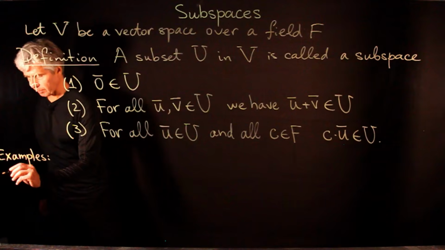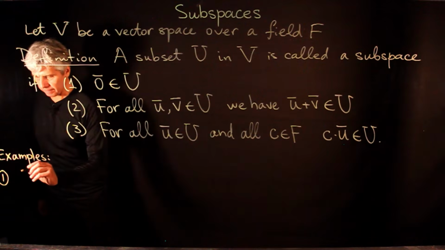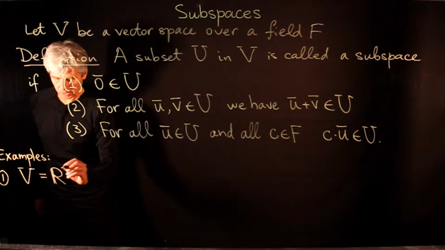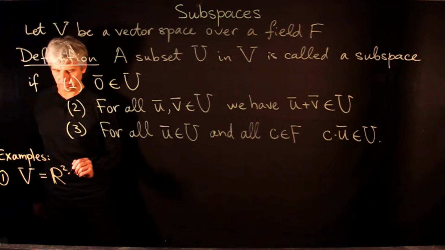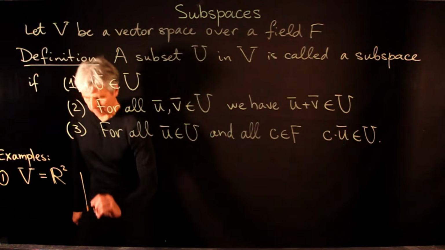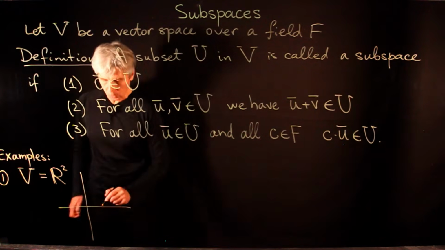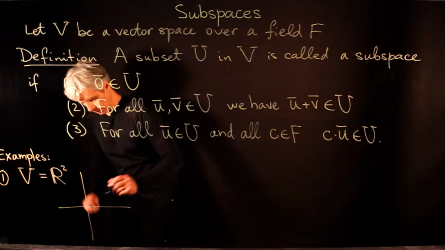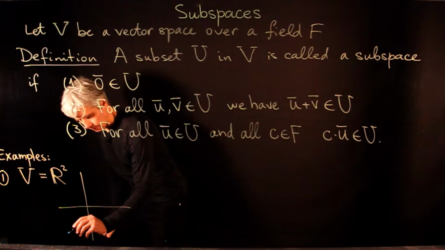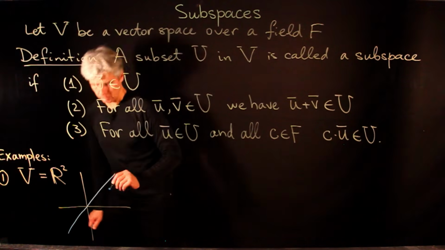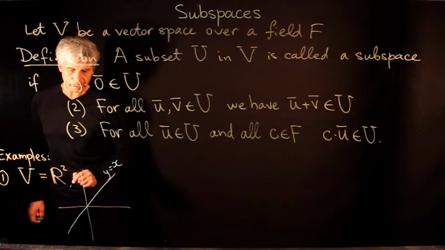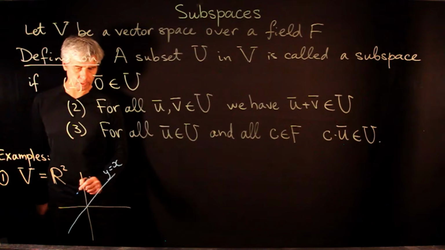So in the first example, let's take V to be R2. So this is a plane with a coordinate system. And as a subset U, let's take a line y equals x. So this line passes through the origin.